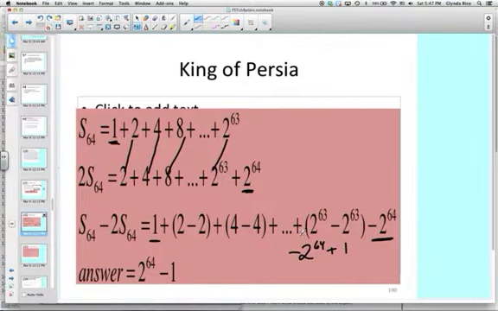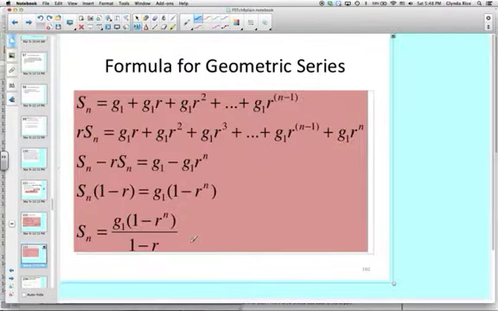By doing that, we have this answer, but if we had doubled it and subtracted the other way, we'd end up with 2 to the 64th minus 1, or aka multiply by negative 1. 2 to the 64th minus 1. Okay, let's look at this in a more general sense.